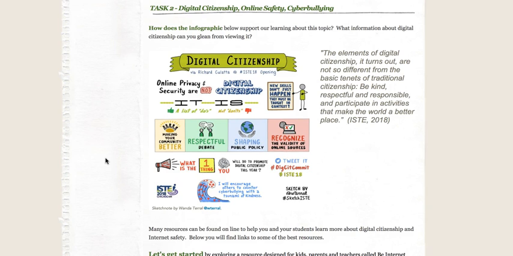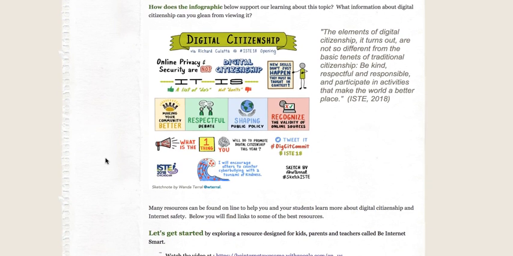And this first image that you see here is an infographic that has some basic information about digital citizenship. Think about how you might use an infographic to introduce a lesson so that the information is already chunked and given to students in small little bite-sized pieces.